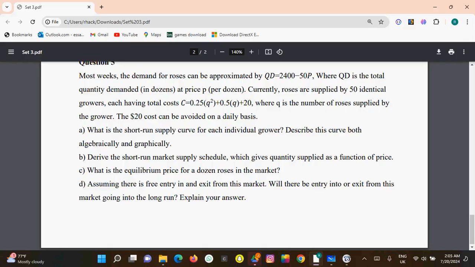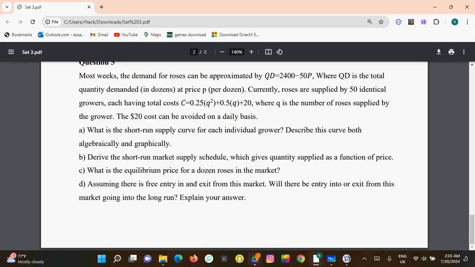Remember that for us to know whether firms will leave or enter the market, they are influenced by profits or losses. Profits will make firms enter the market, whilst losses will make firms leave the market.